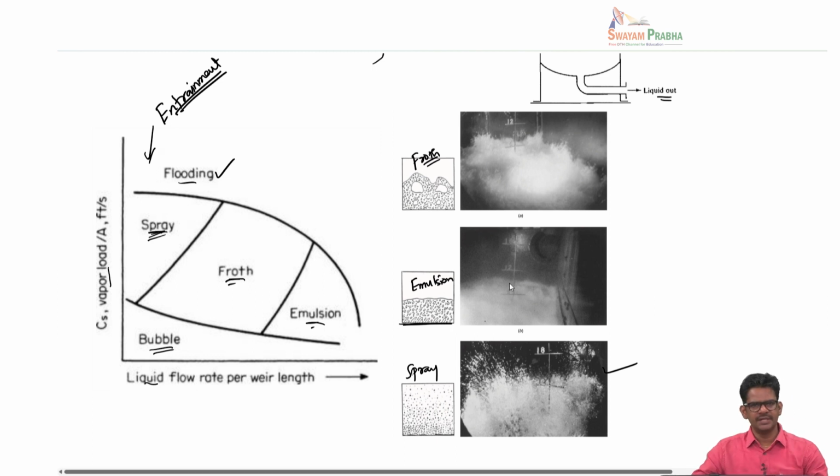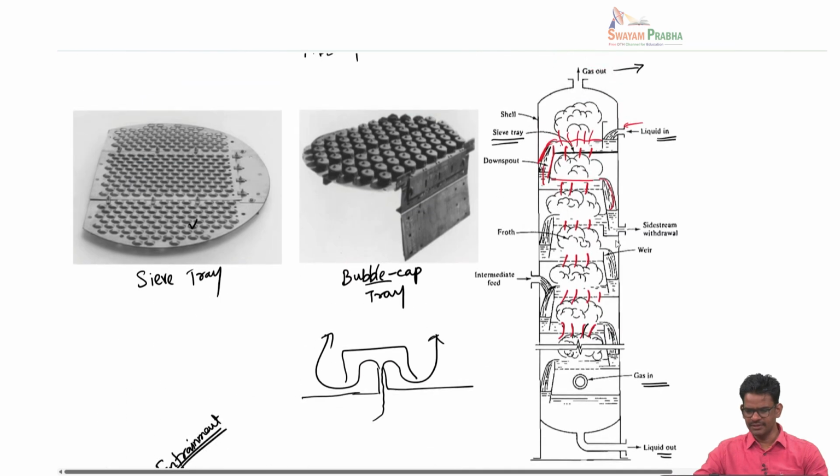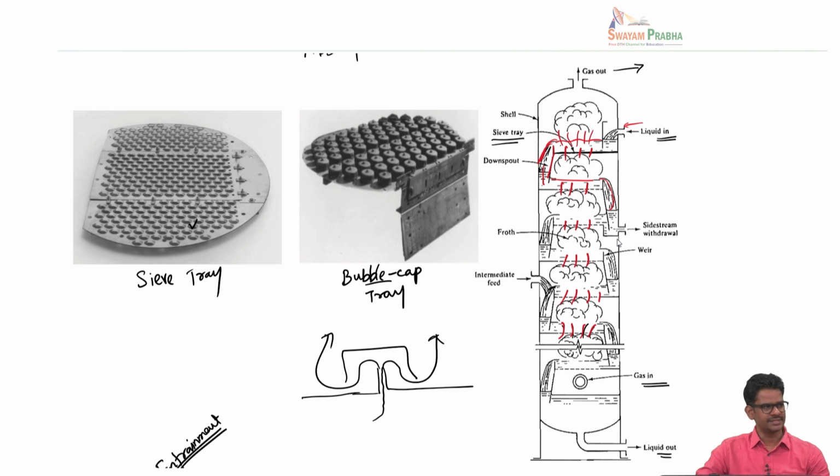In terms of design principle, when we have a column like this, we are generally interested in finding out, for a given set of liquid and gas flow rates and the composition change, how many plates, how many trays I have to provide. In the case of packed column, the design question was how high the packing should be, which we dealt with by calculating the height of a transfer unit and number of transfer units.